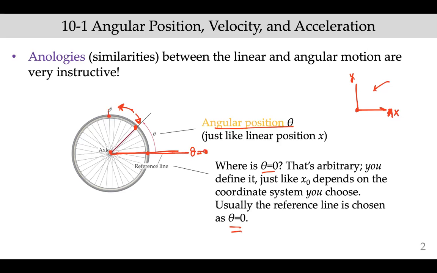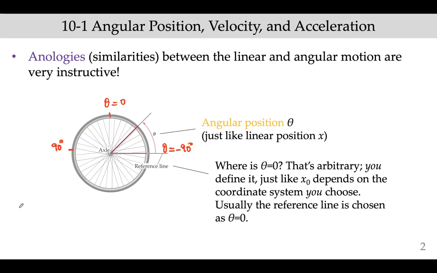You can choose this point as 0 angle, then the angular position here would be pi over 2 radians, or 90 degrees. Or if you choose this point to be theta equals 0, then this point would be theta equals negative 90 degrees, and this point will be 90 degrees.